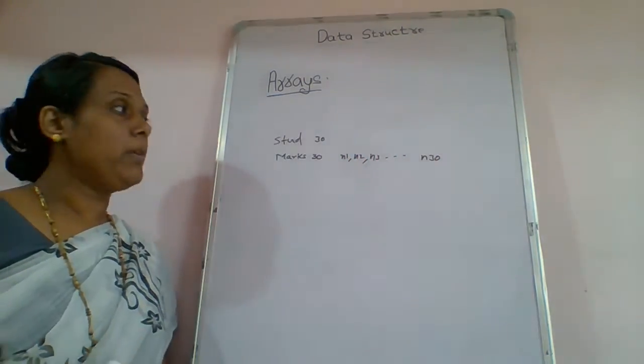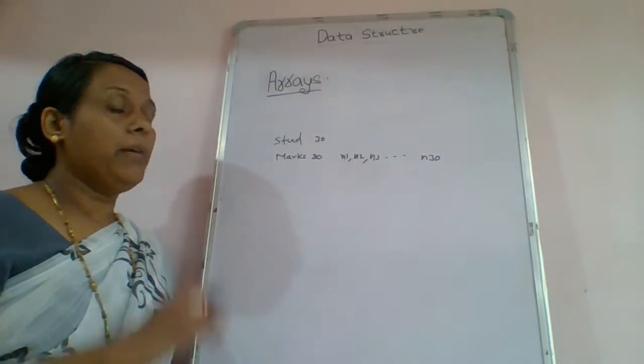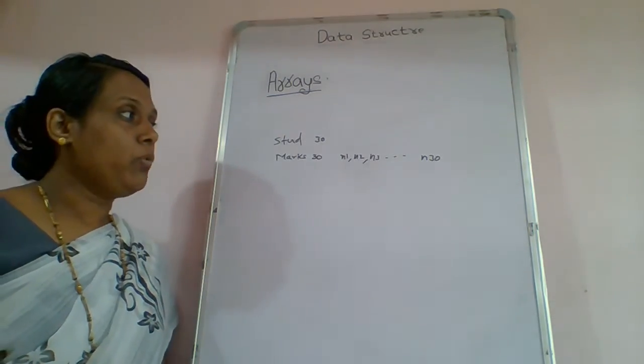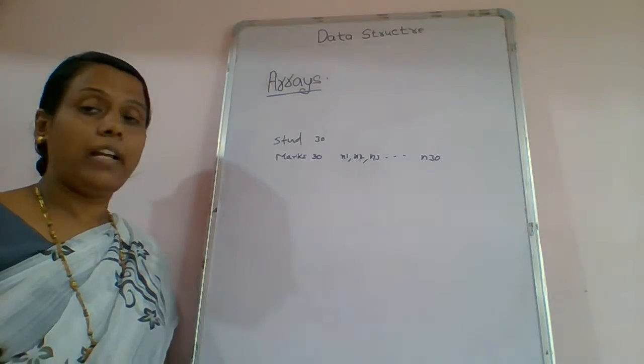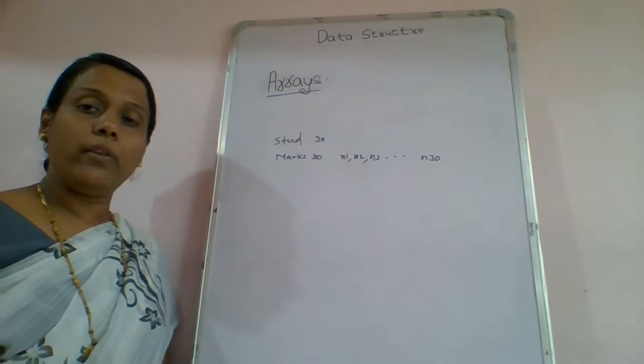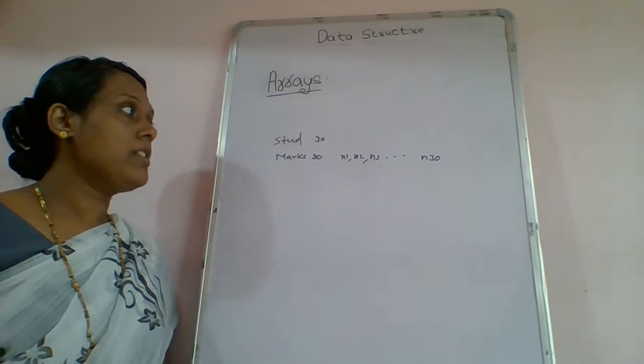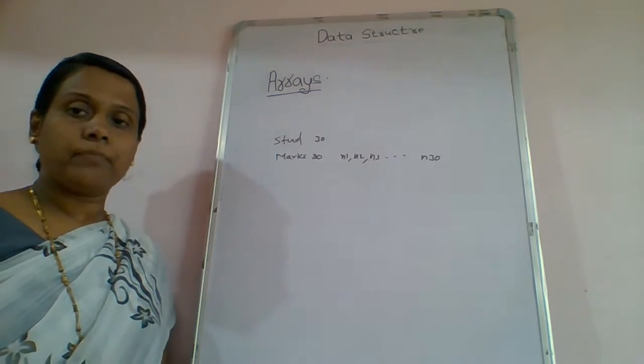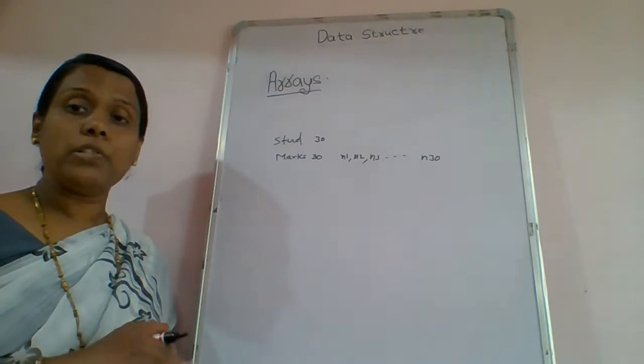Practically it is not possible to create these variables and handle them. So we can create an array, and in that array we can store these 30 students' marks. Now, as I said, it is a homogeneous data type.